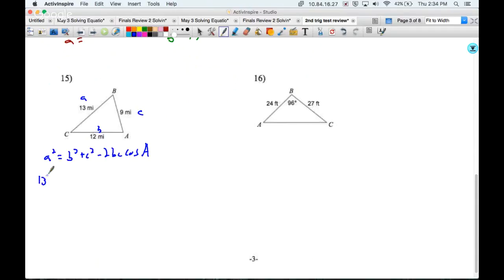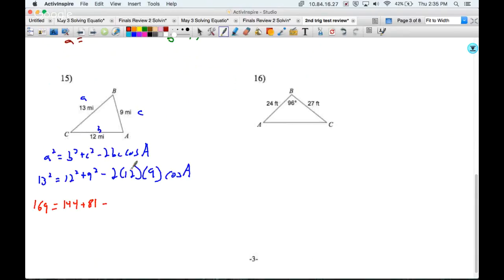All right, 13 squared equals 12 squared plus 9 squared minus 2 times 12 times 9 cosine A. 13 squared is 169. 12 squared is 144. 9 squared is 81.